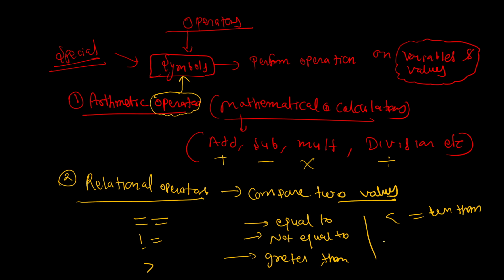This is greater than or equal to, and this is less than or equal to. These are the symbols used in relational operations. Here you are showing the relation between two values, which one is smaller and which one is larger. Such comparison you do by using the relational operator. I hope it is clear what an arithmetic operator and a relational operator are.